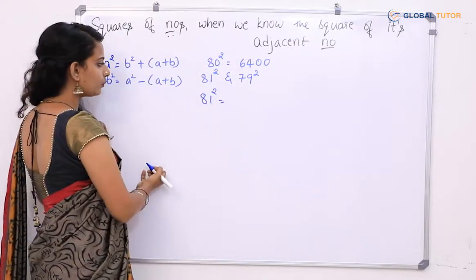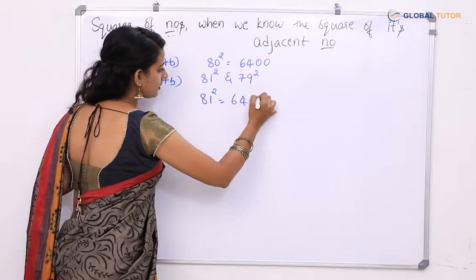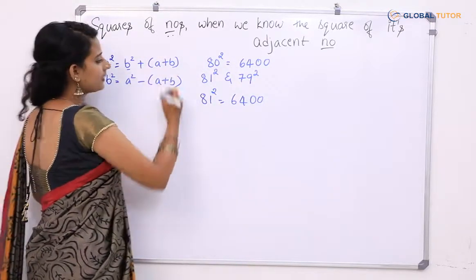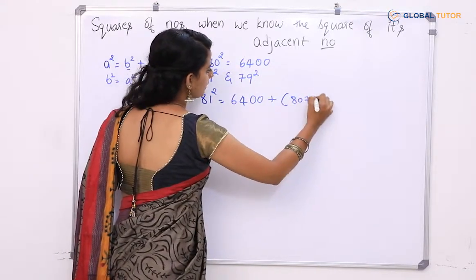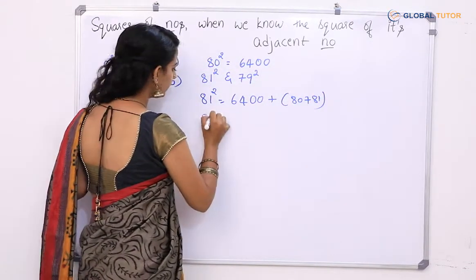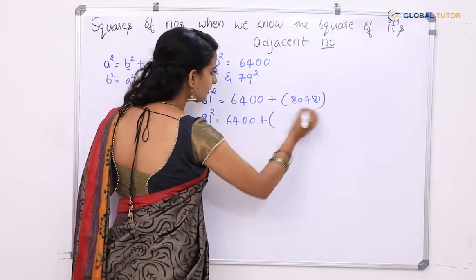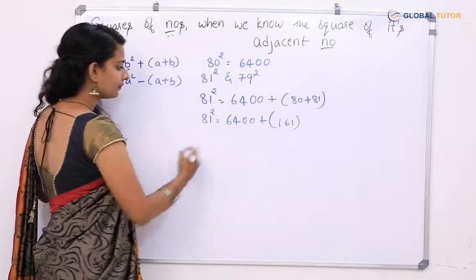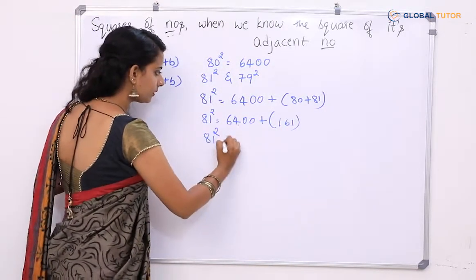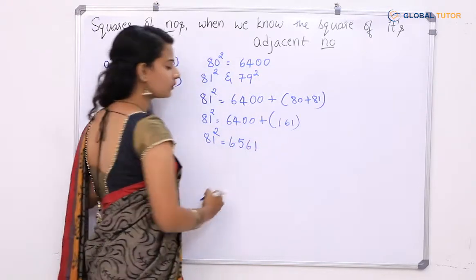Here 81 square we are trying to find out. So that will be equal to 80 square, which is 6400, plus A plus B, 80 plus 81. So 81 square is equal to 6400 plus 161. Now 81 square will be equal to 6561.